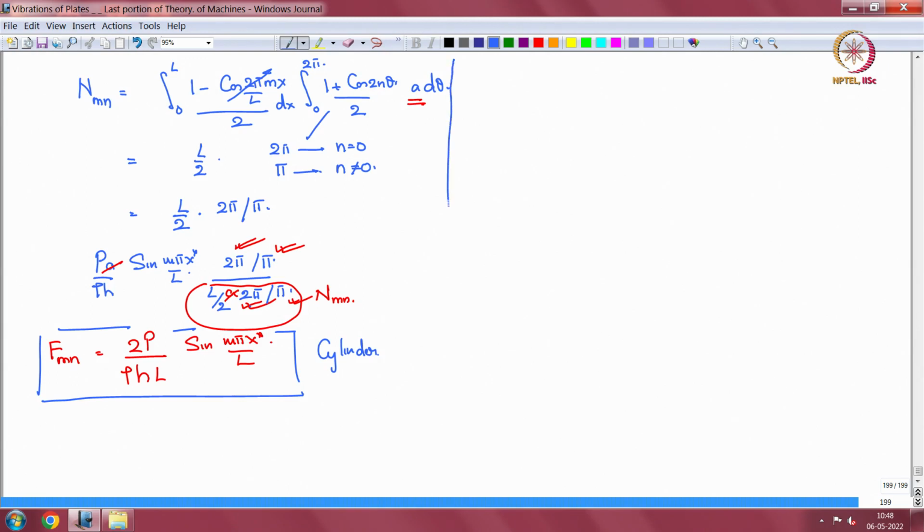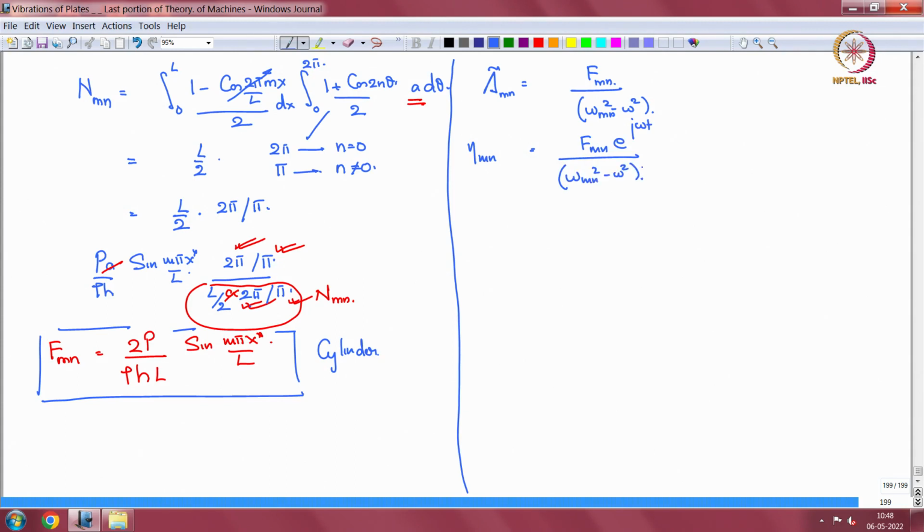Now from here we have to get to this lambda tilde mn, which is Fmn by omega mn square minus omega square, and from there we get to eta mn, which is Fmn e to the power of j omega t by omega mn square minus omega square.